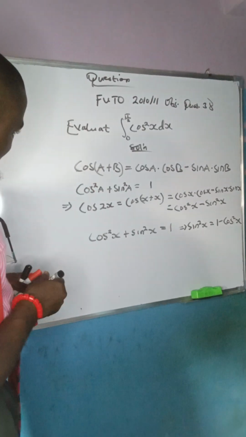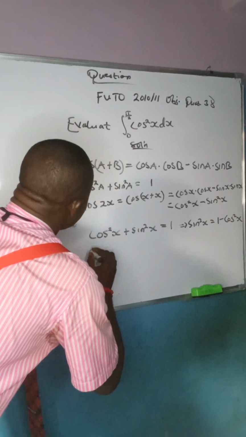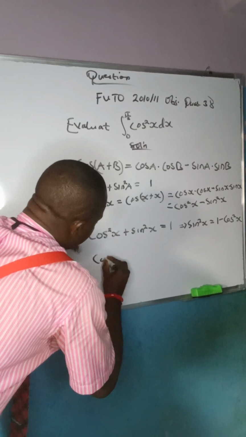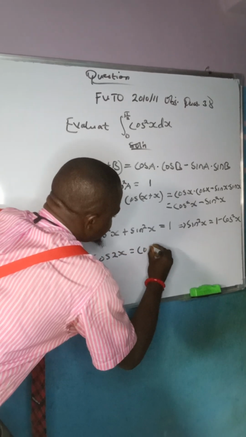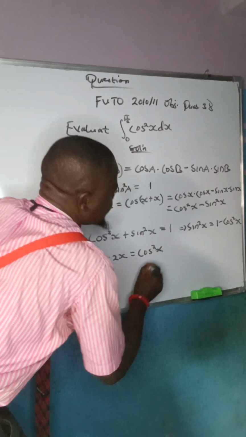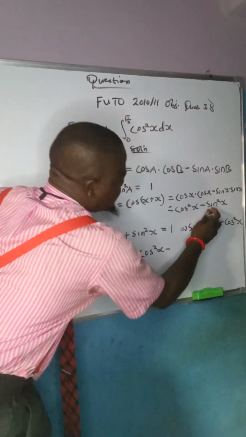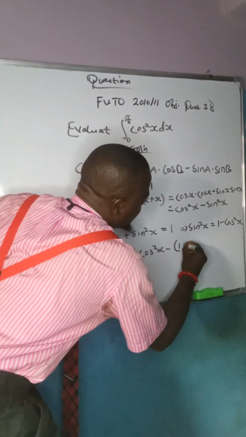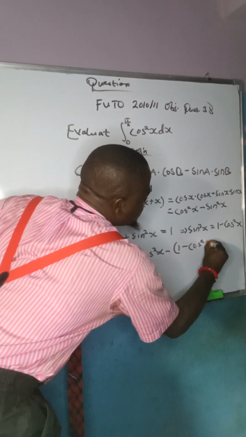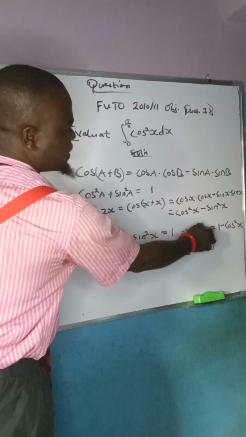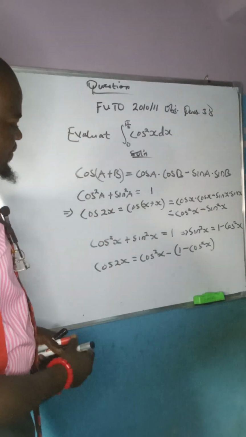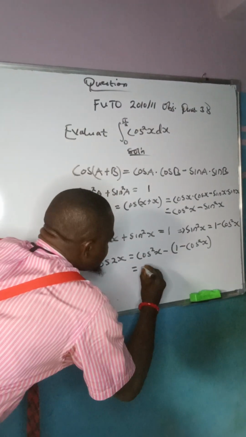Right? Now, if I have it like that, it simply means my cos 2x will now be equal to cos squared x minus, the same minus here, 1 minus cos squared x, because the value of sin squared x is what I put here. So this will now be equal to what?